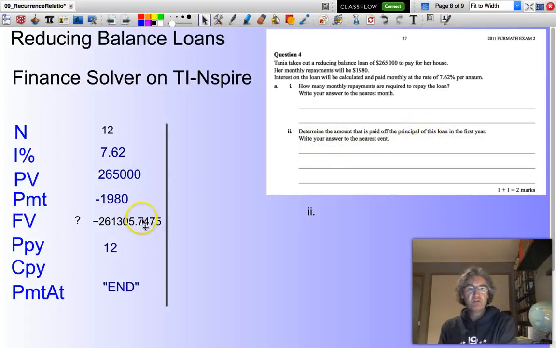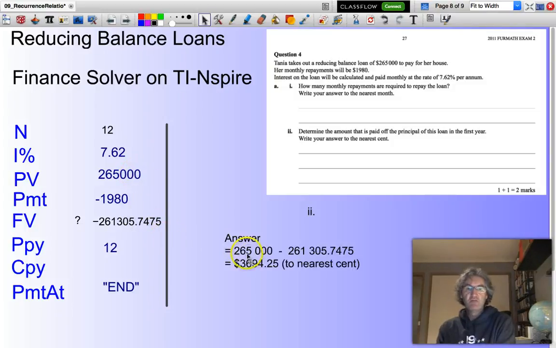Well, that's how much I still owe. That's my original starting point for the loan. So my answer will be the $265,000 minus what I still owe, which will round to $3,694.25. So unfortunately, I've only paid just a touch under $4,000 off the actual principal of that loan. So still got a lot of payments to do.